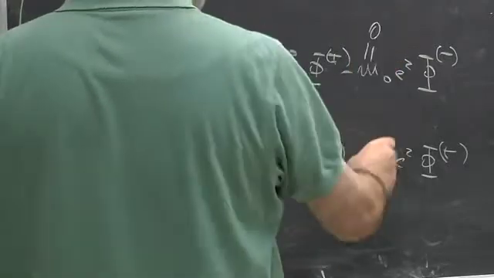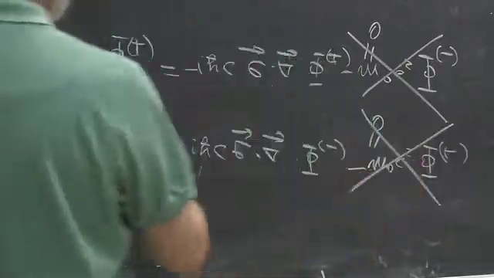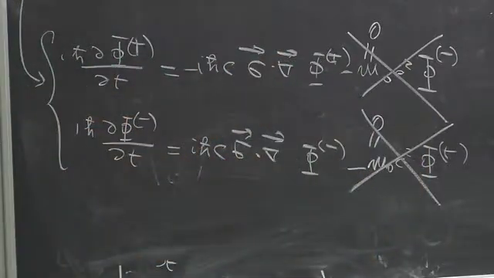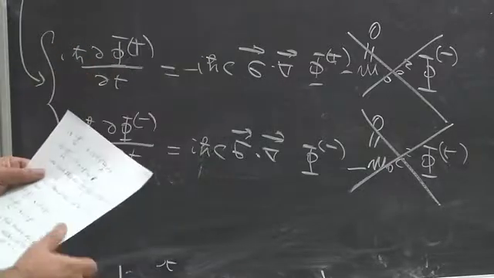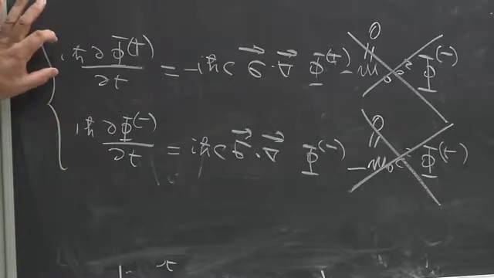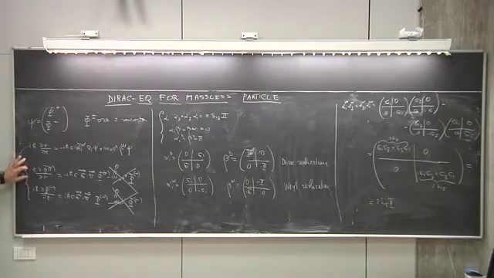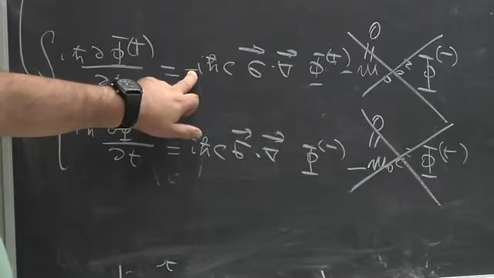If the mass is 0, then this term is not there, and I get two uncoupled equations. So effectively, using that representation, the massless particle is represented by two equations that are actually identical, modulo this sign.